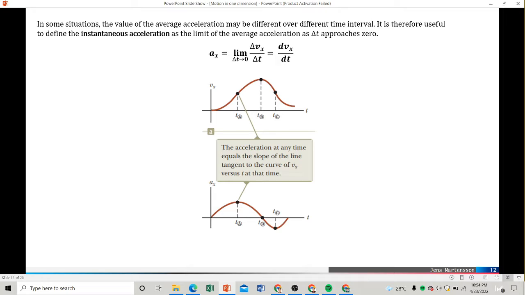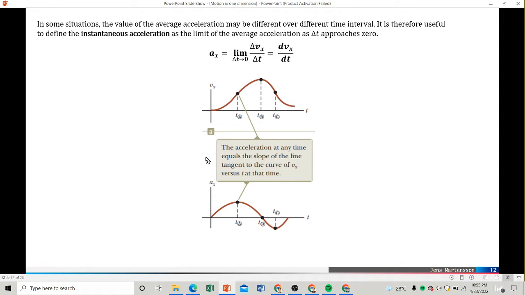We calculate the average acceleration between 2 points in time separated by change of t, and let change of t approach 0, using the definition of limits of a function.